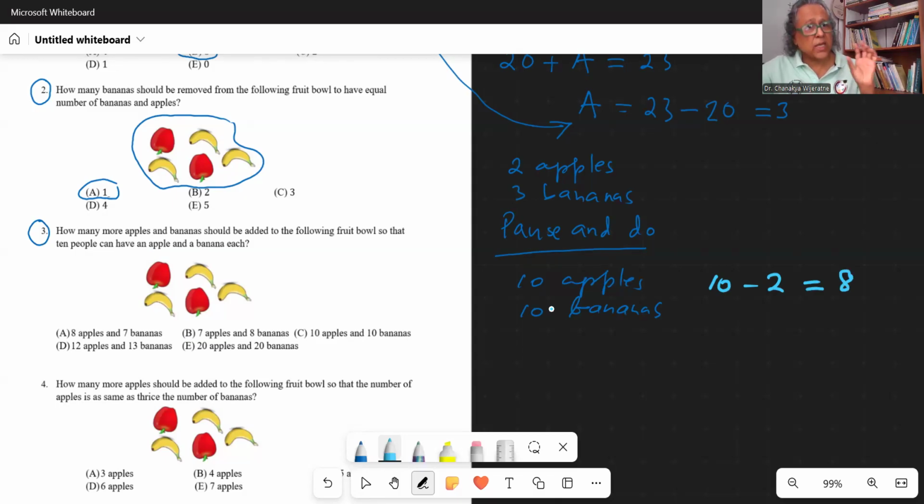So we need 8 apples added to the fruit bowl. And we have 10 bananas needed, and 3 are there. So we need to subtract 3 from 10. So we need 7 bananas added to the fruit bowl. So the answer is 8 apples and 7 bananas.